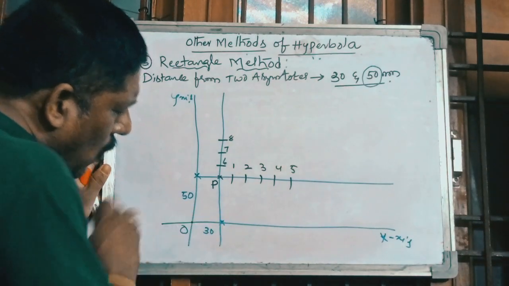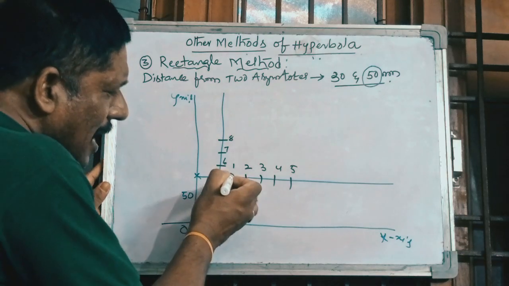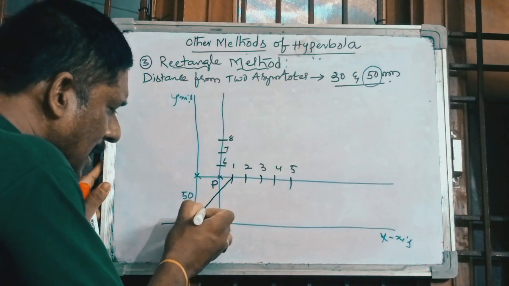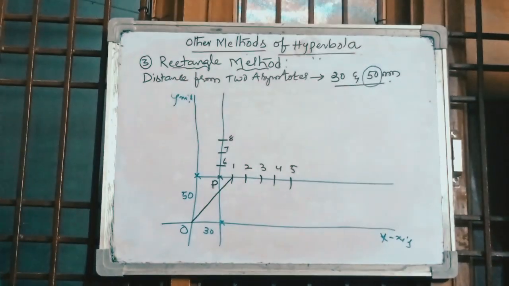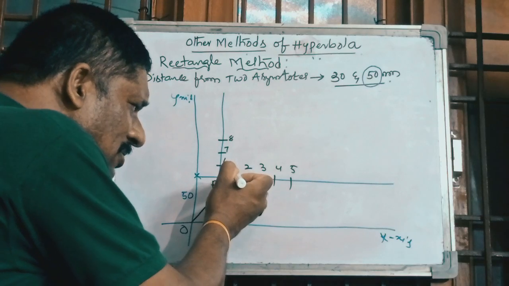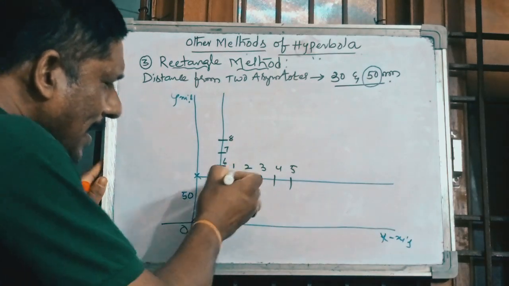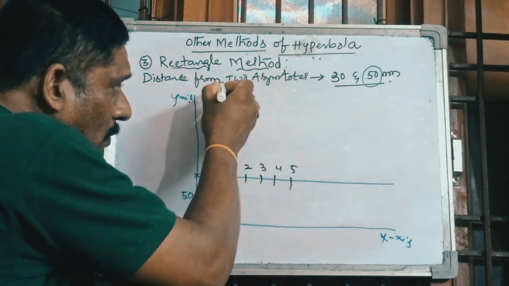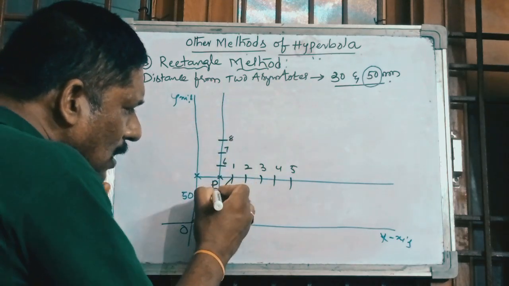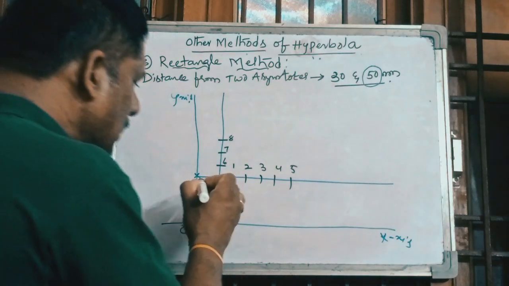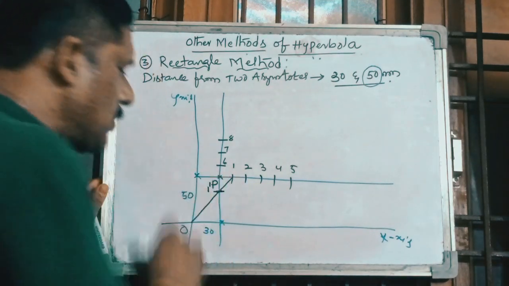Now from the point O, join 1 to O by a straight line. While you are joining this 1 to O, it is intersecting or passing through the vertical axis line. So mark that point. This is called 1 dash.